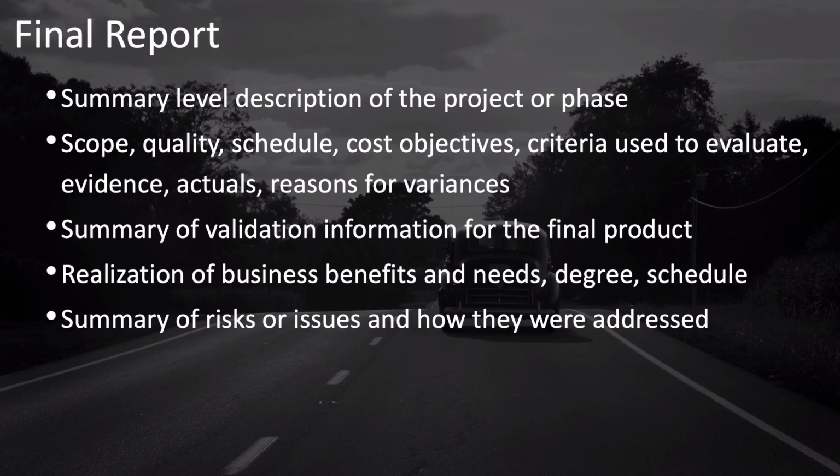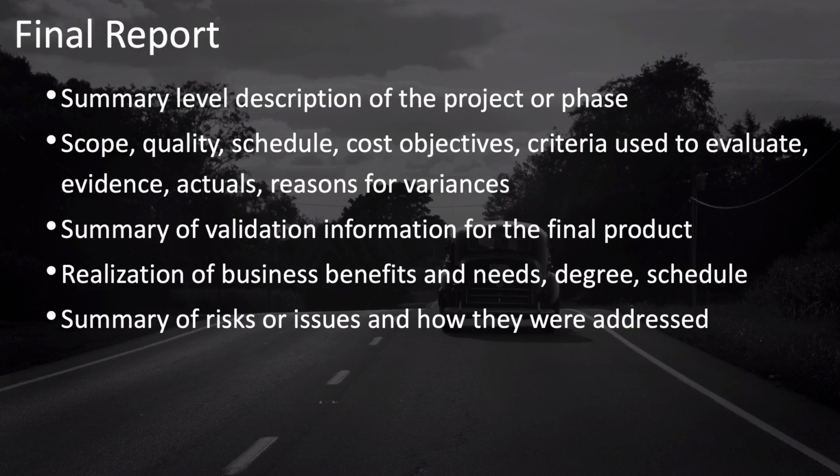The validation information for your final product should be included at least at a summary level. And you should indicate whether or not any of the business benefits have been realized by the end of the project, and for those which are met later on and measured some months or years later, you should identify to what degree benefits have been realized so far, to what degree they'll be realized later, and provide a schedule for when and how they should be measured.